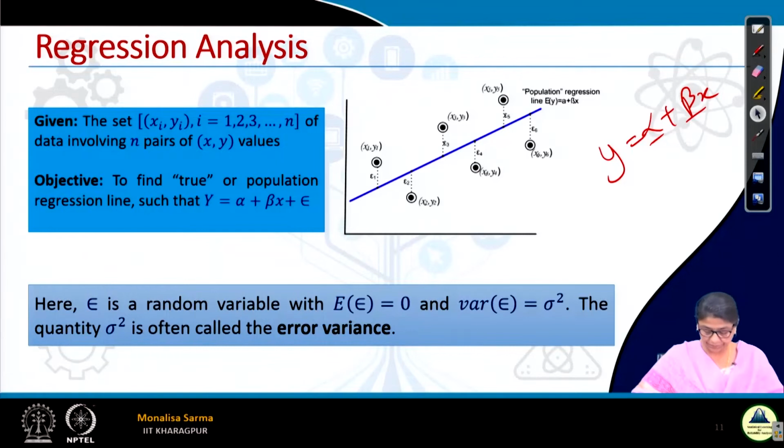Like the amount of money spent on the promotion of a movie will help me in predicting the box office performance. If I spend more money on the promotion, my box office performance will be more. It means I will be able to predict based on the amount of money which I spend on the promotion. But sometimes we see many movies where we have spent a lot of money on the promotion, but still it tanks at the box office, right?